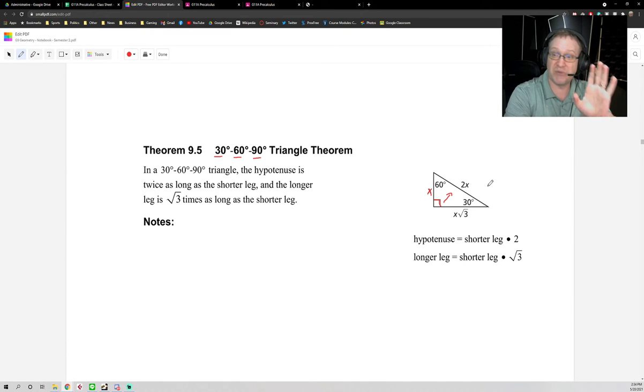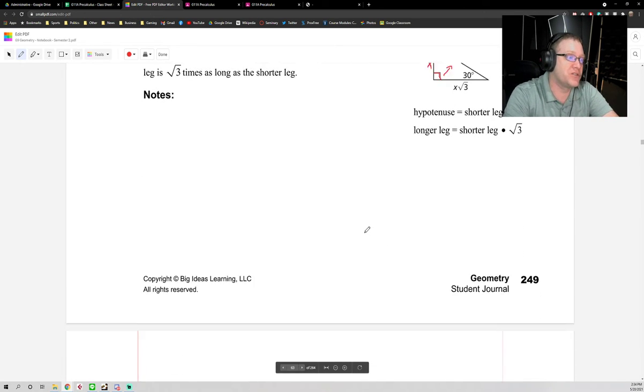All right? So this one's a little bit more difficult. There's more things to remember. If we know this side is X, then this side is always 2X, and this side is always going to be X times the square root of 3. All right. So how do we use that? Well, let's look at some examples.